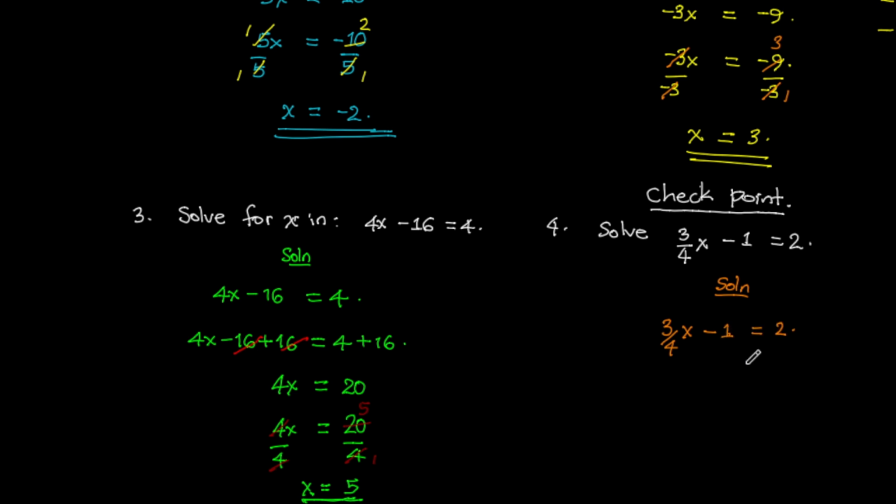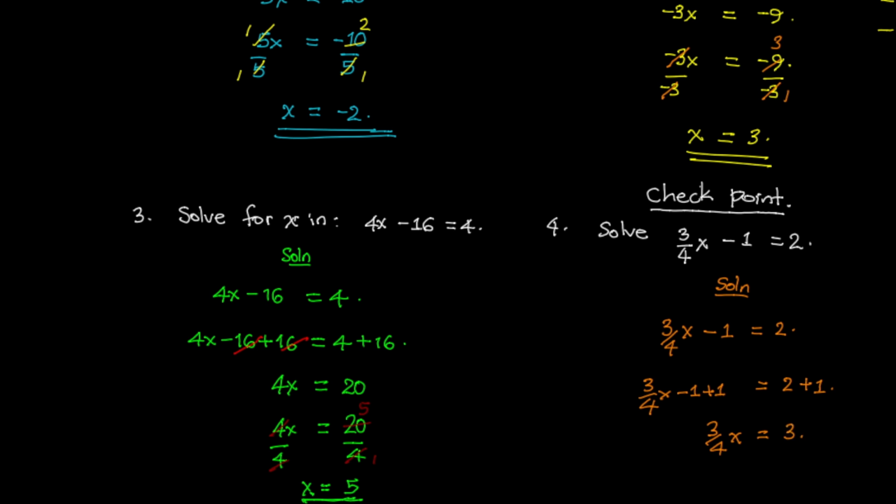This time, I would like to take negative 1 to the other side by adding positive 1 on both sides. On the right hand side we also add 1, and quickly this one vanishes and we are left with 3 over 4x equals 2. Now this side we get 3.